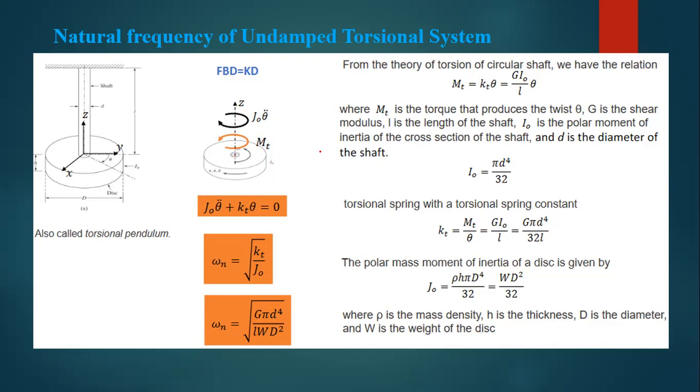From the theory of torsion of circular shafts, we have M_T equal to K_T theta, which is G I naught over L theta. Here I is the polar moment of inertia, while J naught is the mass moment of inertia.